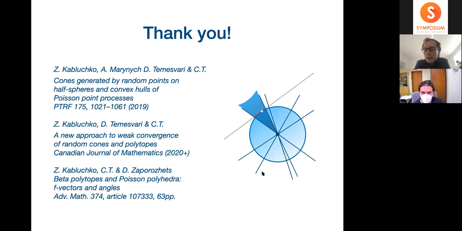For example, the expected conic intrinsic volumes form a probability measure on the integers 0 to d, and they satisfy central limit theorems, and you can analyze these induced probability measures by means of modified convergence and Fourier analysis. So we did that. It's a quite recent paper with Thomas Gotland and Zakhar Kabluchko. If you want to have a look at this, you can check this paper.